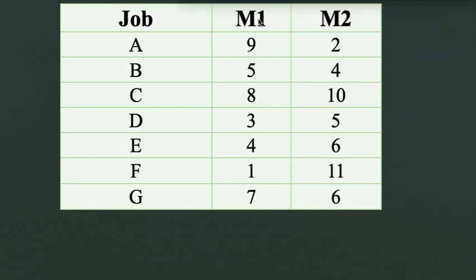Now if we look at both these two machines M1 and M2 and see the smallest processing time here, it is 1 here, and this smallest processing time is for the job F. So what Johnson says, he says this job should be scheduled at the beginning of the processing sequence. So which job?